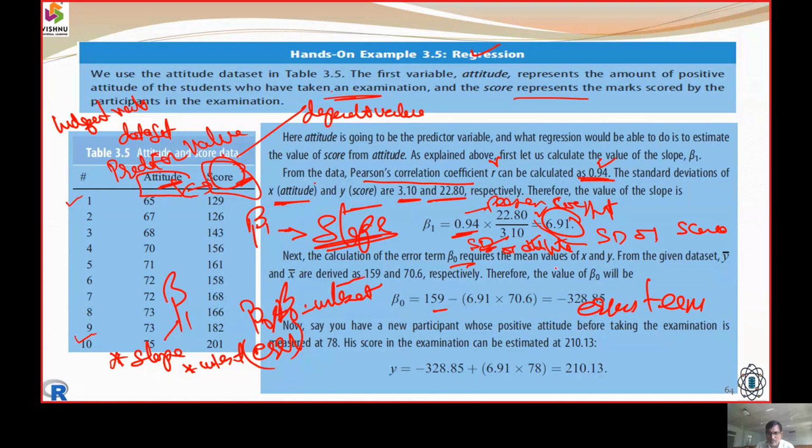So we calculate this and get the value minus 329. We call this one the error.